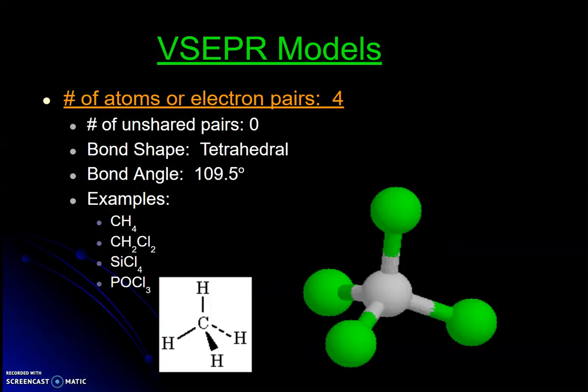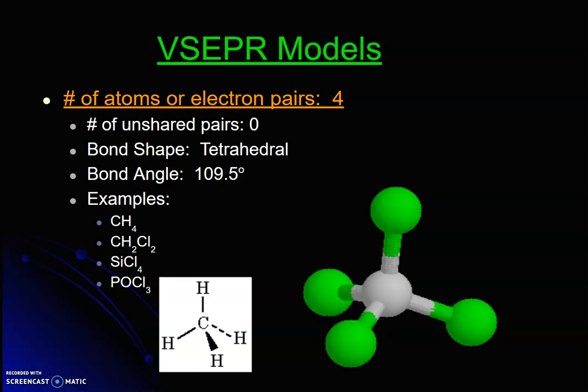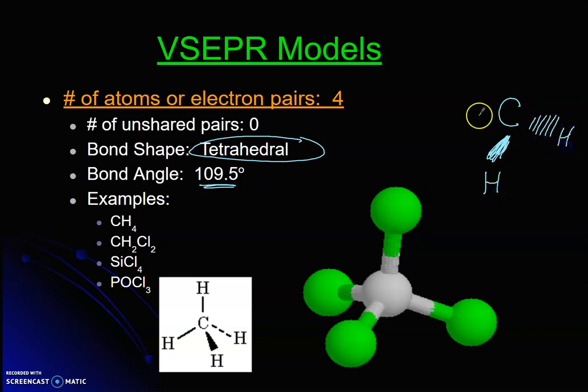Okay, 4 things around the central atom, no lone pairs. That's going to be your tetrahedral shape, 109.5 degrees. Methane, CH4, you'll often see to show that something is going towards and away. You'll see the wedge coming out towards you and the dash going away to kind of show that three-dimensional version of the whole thing.